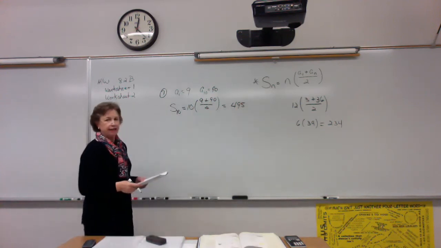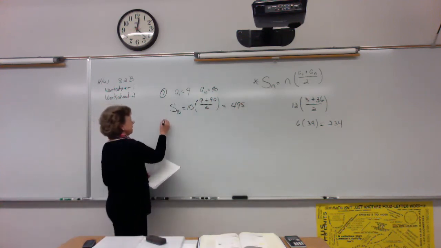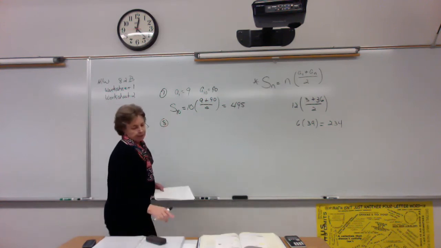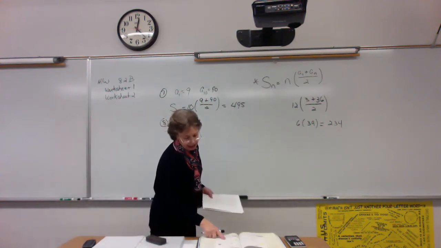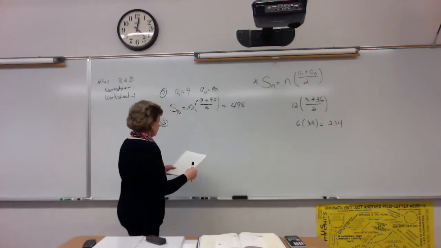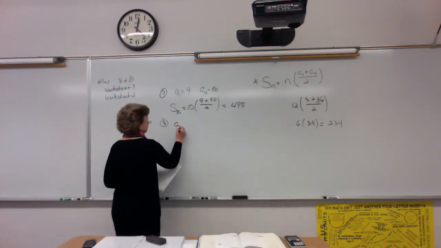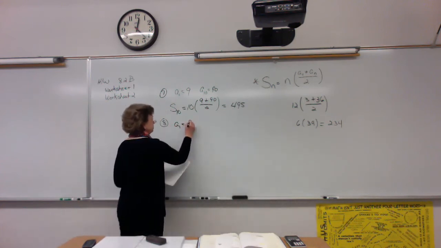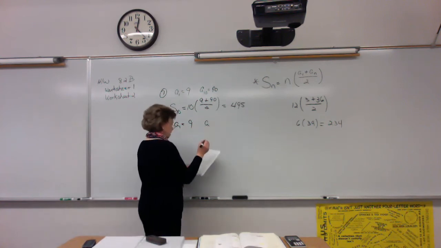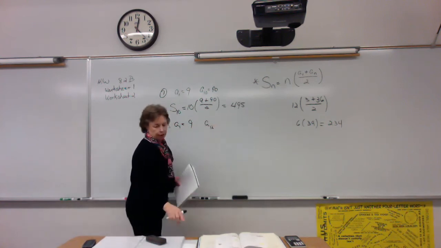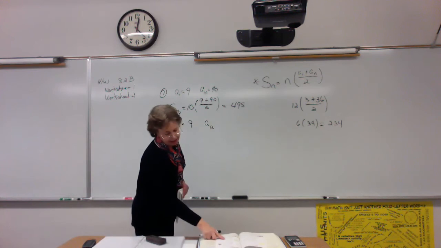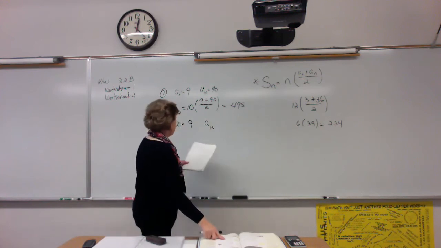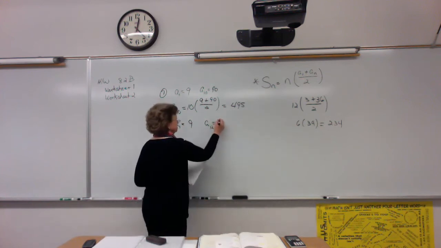5 times 99. If I'm looking at number 8, from that summation that they gave you, 7k plus 2, I know the first term is going to be 9. We know that the 12th term, you're plugging back into that formula, so 7 times 12 plus 2 is going to be 86.